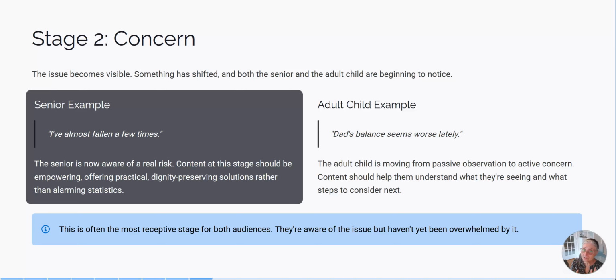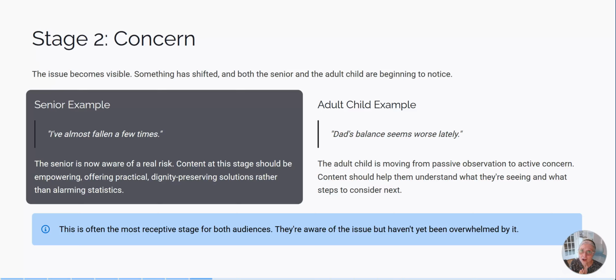So now the adult child, or other family members really, can see that they're starting to move from passive, like "they're fine, I don't need to worry about it yet," to "uh-oh, I need to start worrying about it." The content at this stage should help them understand what they're seeing and the steps to consider next.